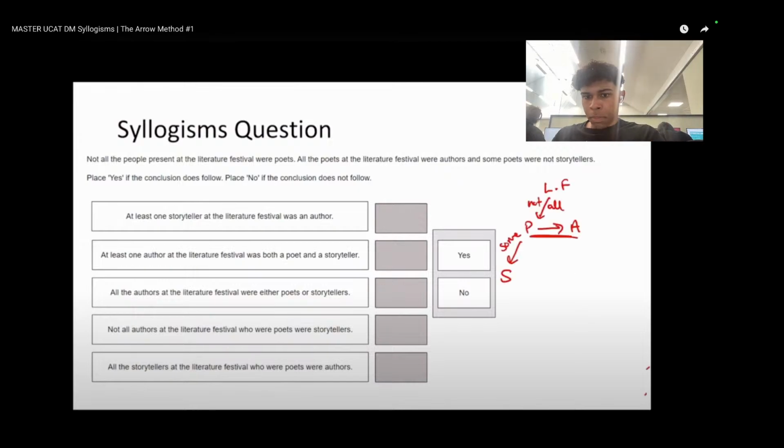Some authors, and some poets are storytellers. So there is going to be a poet who is an author and a storyteller, okay? And therefore, we can conclude that at least one storyteller at the Literature Festival was an author, okay?